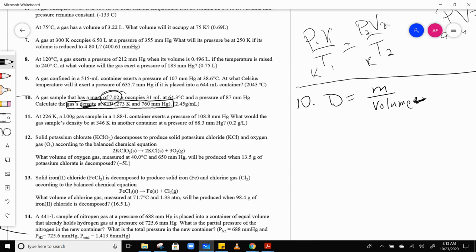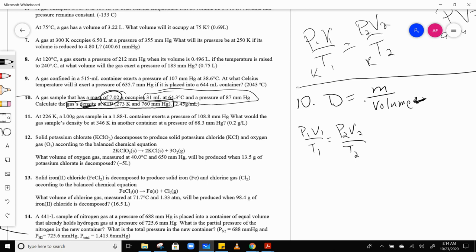The first way is we can use these sets of pressure, volume, and temperature, and use P1 V1 over T1 equals P2 V2 over T2. I know I didn't do this way yesterday, so this is a different way to do it.